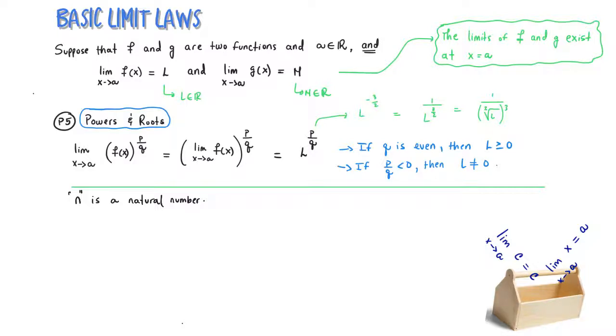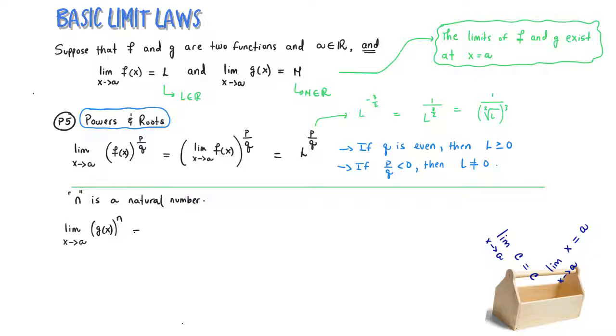Let's say that, again, we consider the limit as x approaches a. Why don't we use g of x this time? We have been using f of x quite a bit. So let's say g of x to the exponent n. This is very similar to the limit that we tackled above with a rational exponent, p over q. The property will say that the limit is going to apply to the function inside, to g of x.